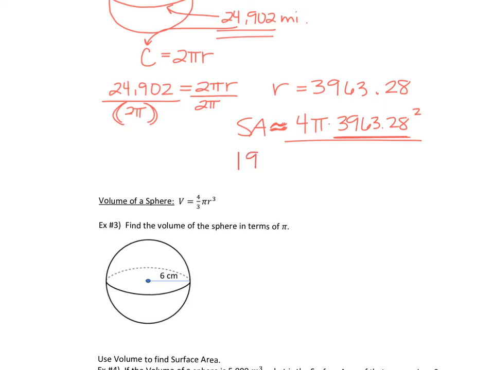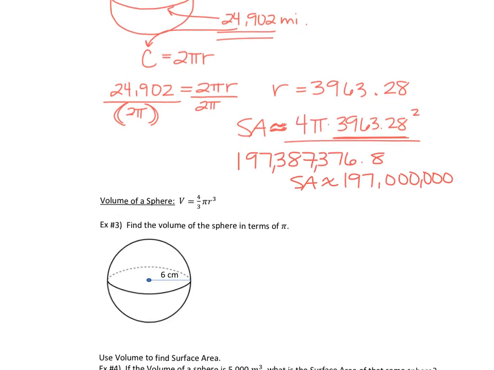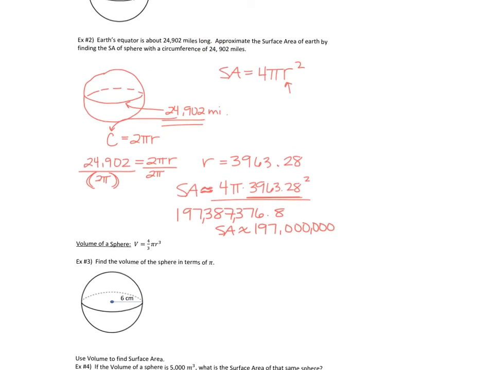So 1,973,873.76 is what we get. So depending on how big we want to go, we could say the surface area of Earth is approximately 197 million. And we were talking miles, square miles.